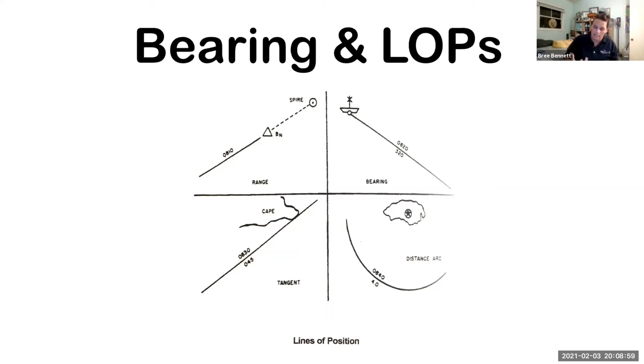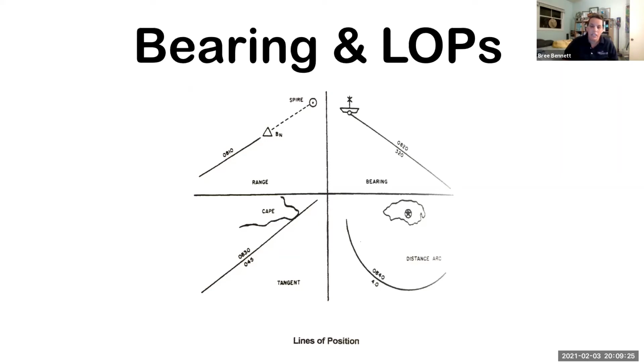It can be an arc, a distance. Say this example here is I'm 4 miles from this point. I can draw an arc of 4 miles and I'm somewhere along that arc, but I need another piece of information to actually know where I am.